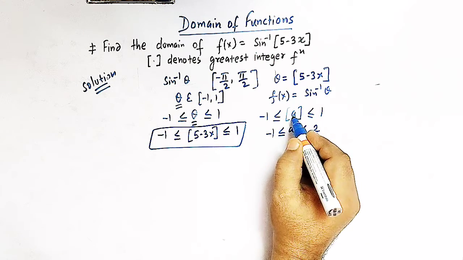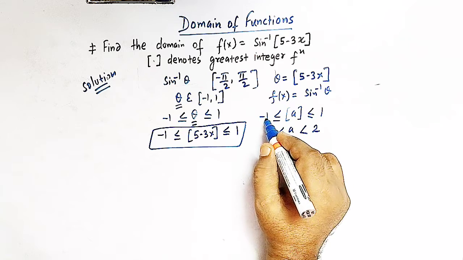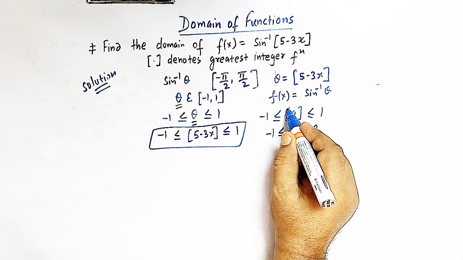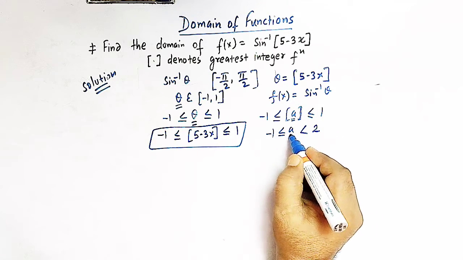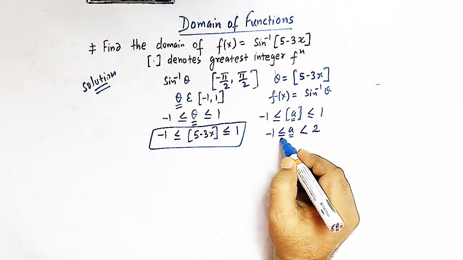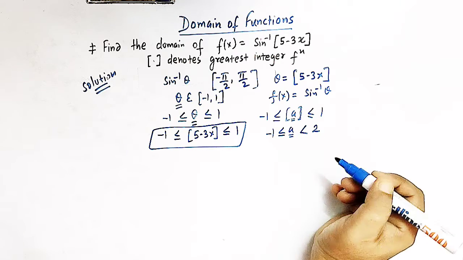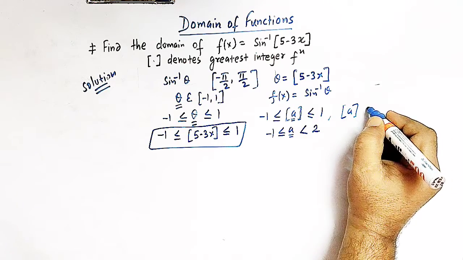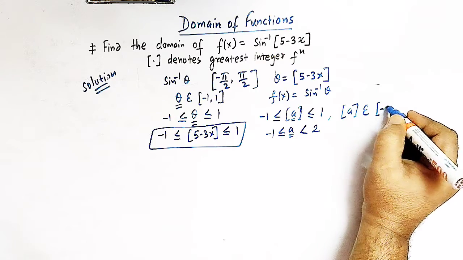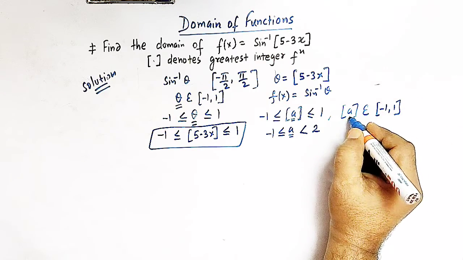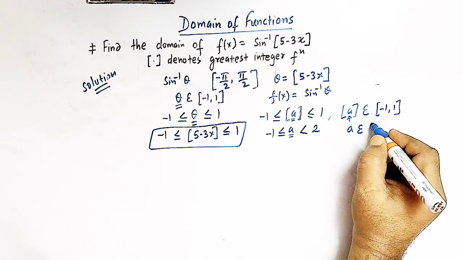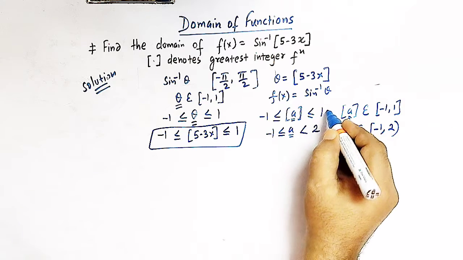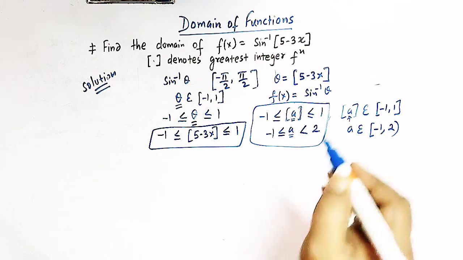So when the greatest integer of a is greater than or equal to minus 1 and less than or equal to 1, then this a, which is inside the greatest integer function symbol, is greater than or equal to minus 1 but less than 2. Or in other words, if the greatest integer of a belongs to the interval minus 1 to 1, then a belongs to the interval minus 1 to 2, right? So here I will make use of this important result.